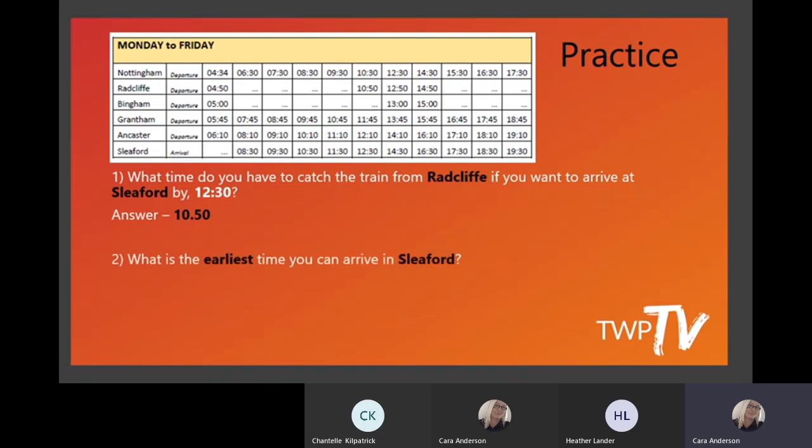So question number 2 is, what is the earliest time that you can arrive in Sleaford? Okay, so yeah, you've both gone for 8:30. Excellent, that's spot on.